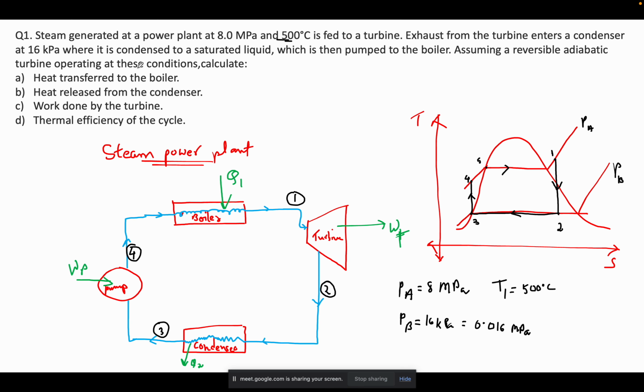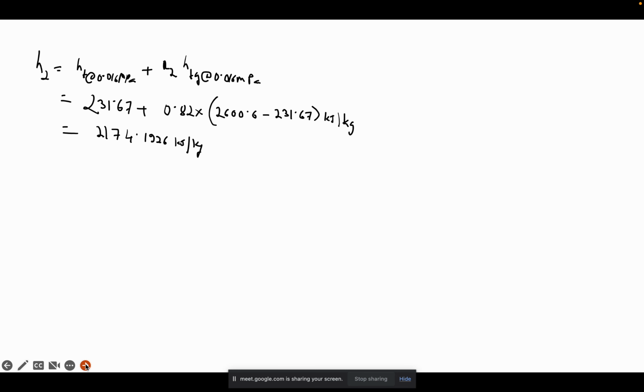Now one more thing, it is telling us that in the condenser the steam gets condensed into a saturated liquid. That means the final state is your 3. Can anyone say what will then be H3? H3 will be basically my HF at 0.016 megapascal, because the third state is a saturated liquid at this pressure level.